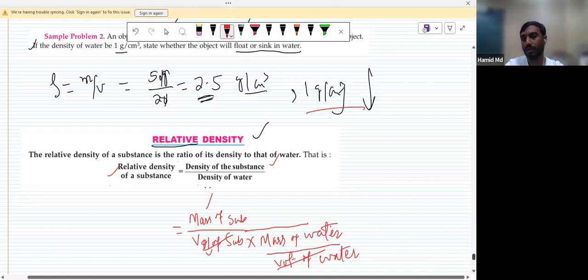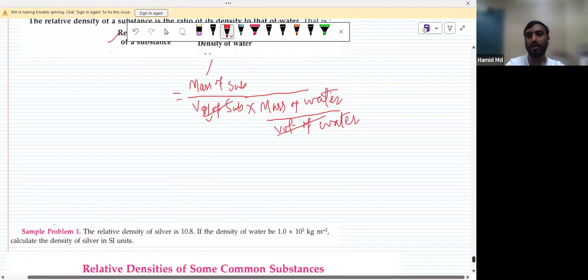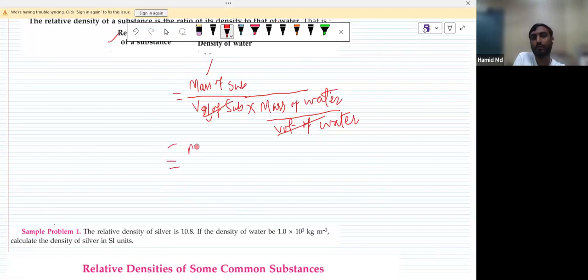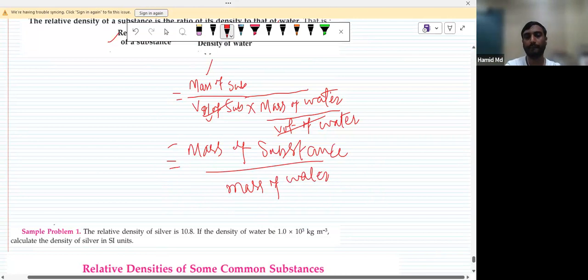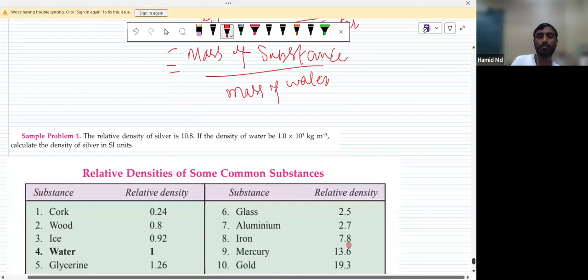So we will be left with mass of substance divided by mass of water. That's it, it reduces to mass of substance divided by mass of water. Clear? Yes, sir. Okay.